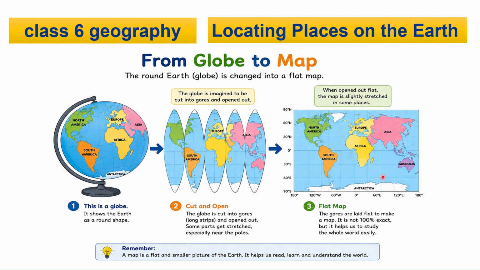So we can use a flat map, but it is not perfectly accurate. It is very useful because it allows us to see the entire world on one page. We see oceans, continents, all parts of the earth.